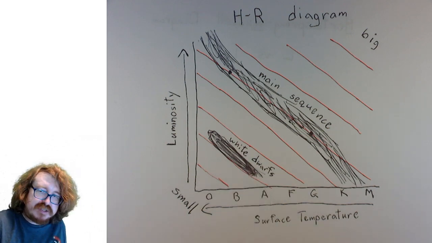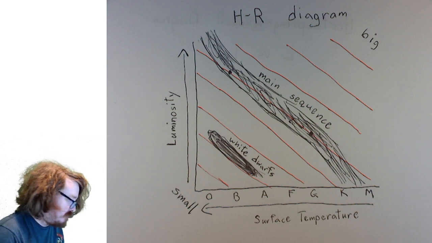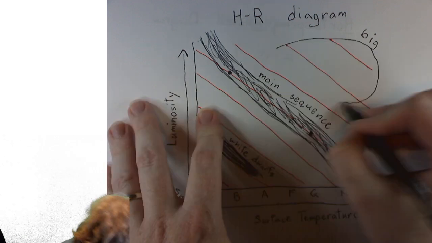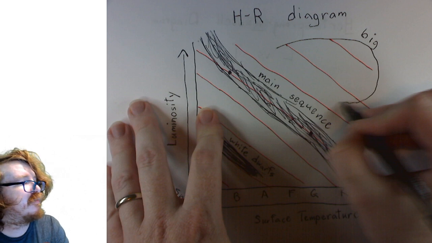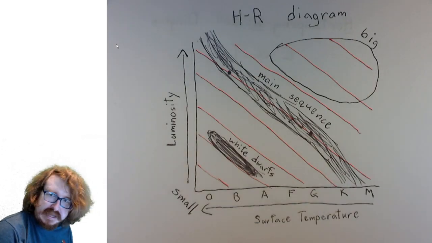That leaves 1% of stars. So this last type is rarer than the other types, and they're going to be up here. Okay, and this part of the graph is, well, what's the size like? What's the size like in this area? Well, we're really big.